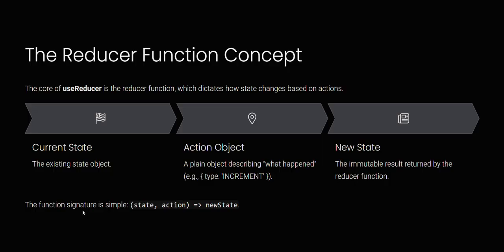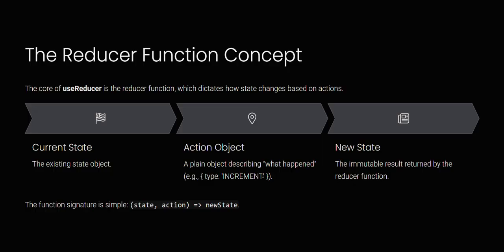The action object is how you communicate what happened. At a minimum, it must contain a type property, typically an uppercase string like INCREMENT or ADD_TODO.